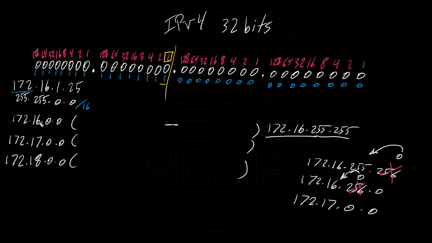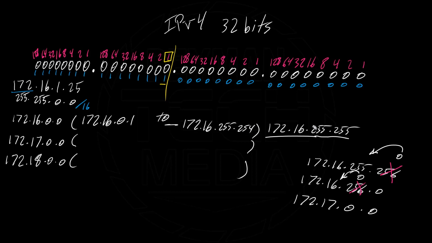Okay, so 172.16.0.0. The first usable IP address would be 172.16.0.1. That's the first usable IP address. And it goes to 172.16.255.254. That's the range.